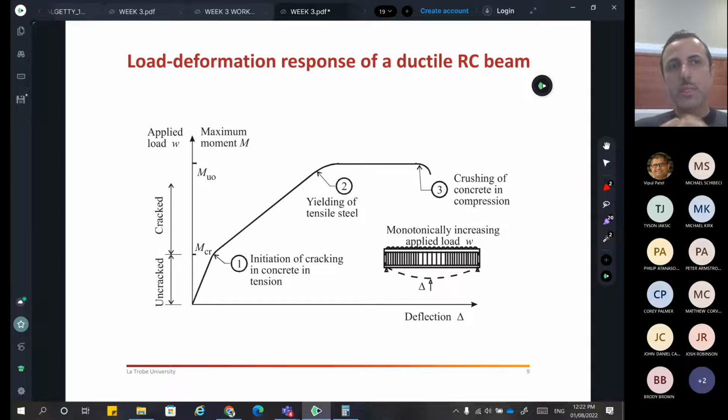So there will be behaviors. The better way to say it is, the beam will go through behaviors while it experiences loads on top of it.